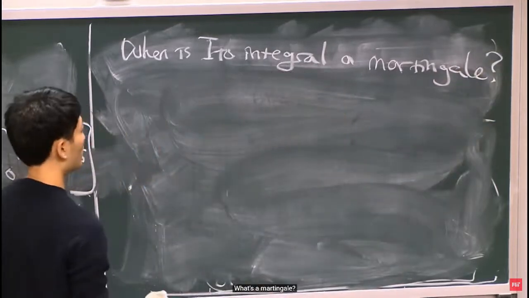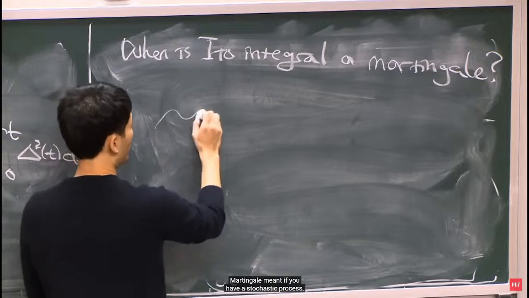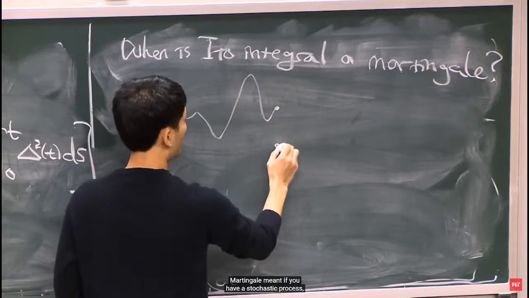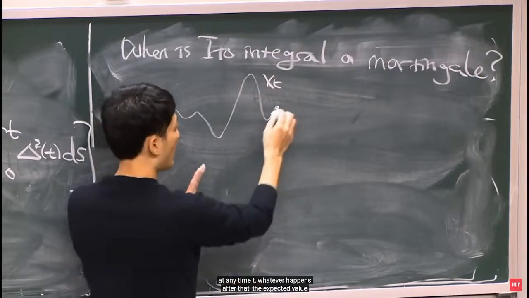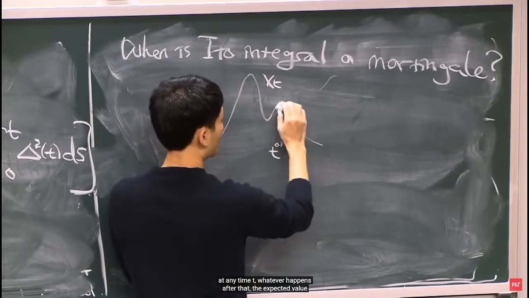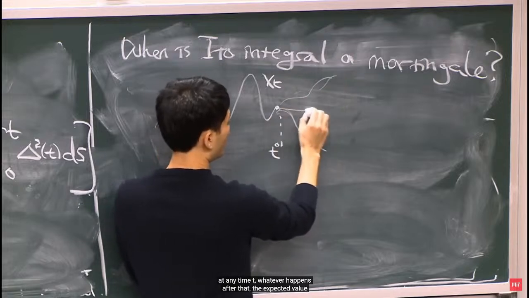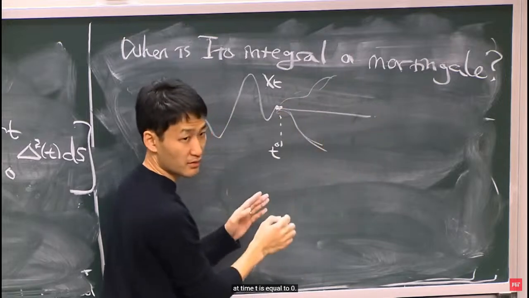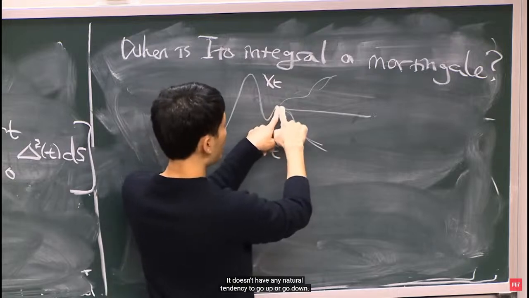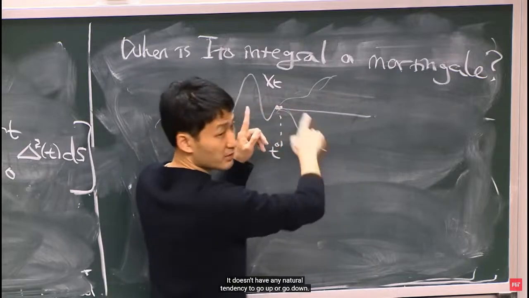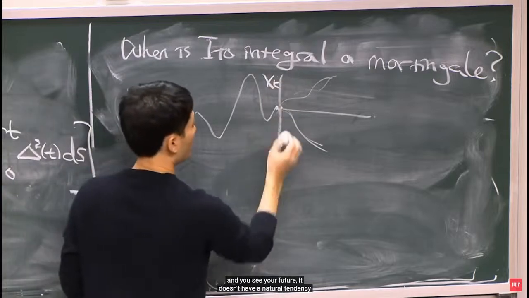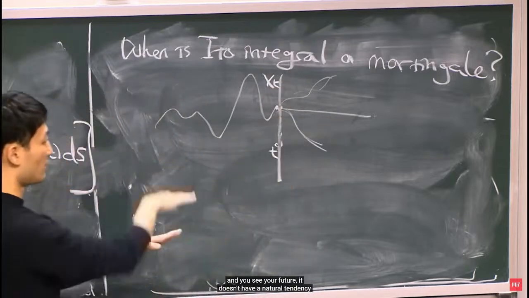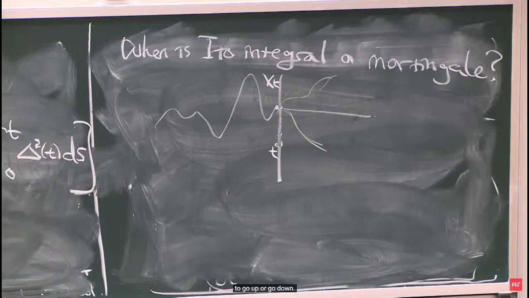What was a martingale? Martingale meant if you have a stochastic process at any time t, whatever happens after that, the expected value at time t is equal to 0. Okay? So it doesn't have any natural tendency to go up or go down. No matter which point you stop your process and you see your future, it doesn't have a natural tendency to go up or go down.